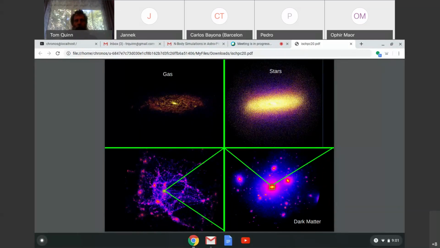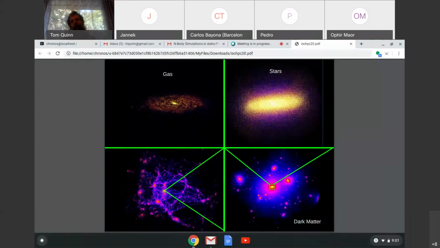The way this kind of thing works is we simulate a very large volume containing, say, hundreds of Milky Ways, and we look at the history of the various galaxies in low resolution and say, okay, this particular galaxy has the right mass, has the right spin, and so let's look at that galaxy in higher resolution.